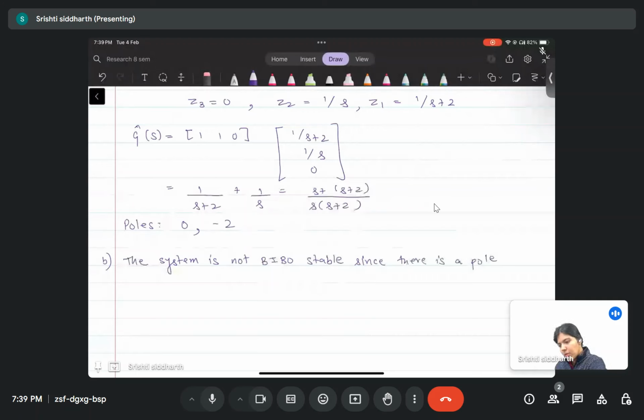So the system is unstable in the sense of Lagrange, and the system is also not BIBO stable.